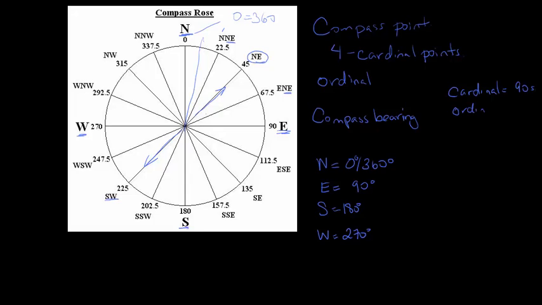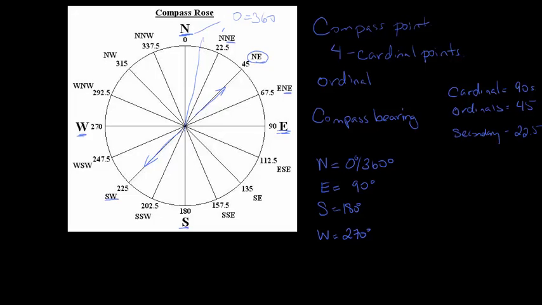Ordinals go up by 45. So here we have, from a cardinal point, I should say, north to northeast, 45, northeast to east, that whole thing is 90. And then the secondary, we'll just call them that, 22.5.